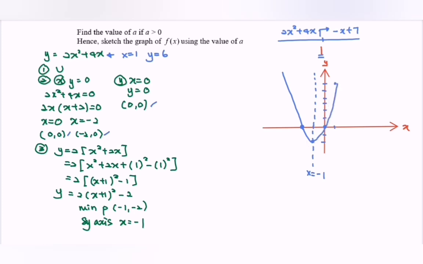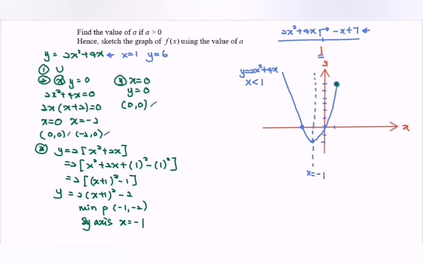So that is the graph of y equals 2x squared plus 4x for the situation x less than 1. Here remember we have the empty circle. Next, continue: we have to sketch the graph for negative x plus 7. If we substitute 1, then we have the value 6.